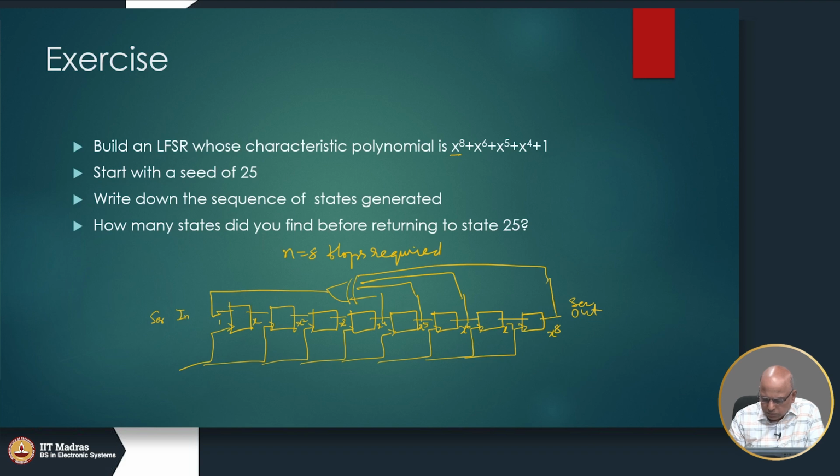So, this is the architecture of the 8-bit LFSR. According to Wikipedia, this LFSR is a maximal length LFSR, which means if you start it with a seed other than 0, it will go through 2 to the power 8 minus 1 states, or 255 states.